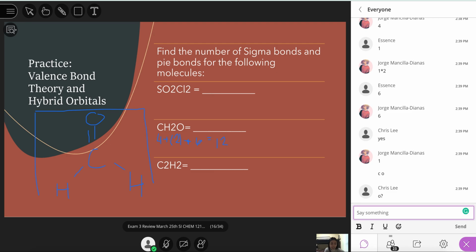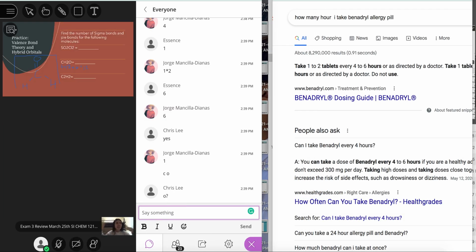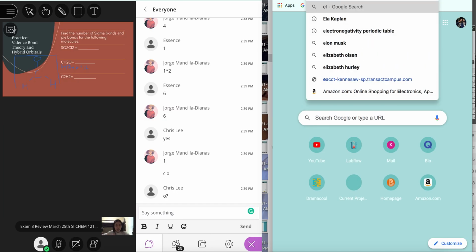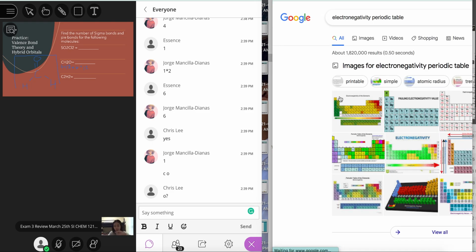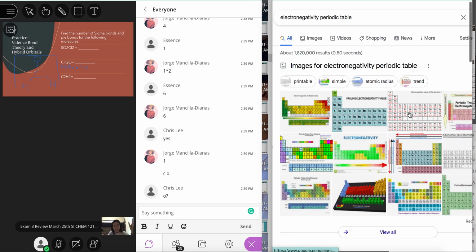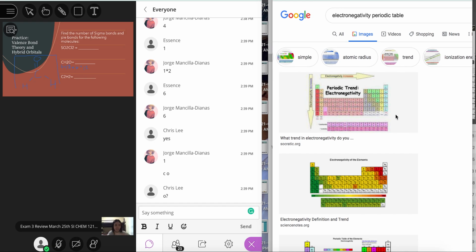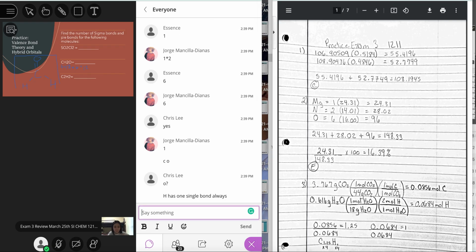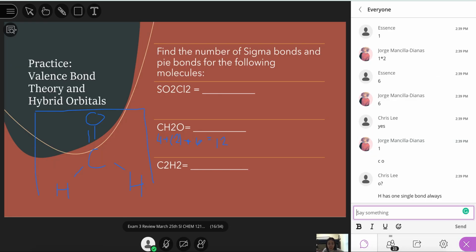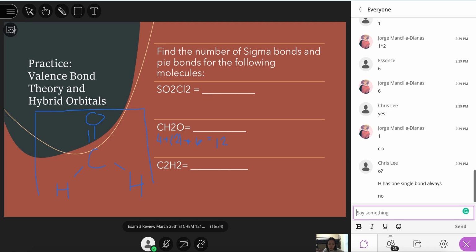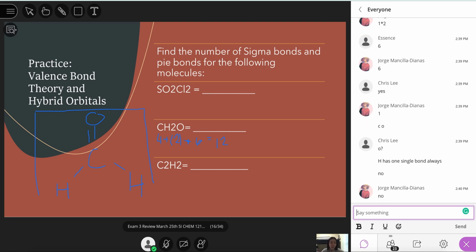Because we just said that if it's around oxygen, nitrogen, and so on, they tend to have more double bonds. And do we have any lone pairs on the central atom? No, exactly. There are no lone pairs left.